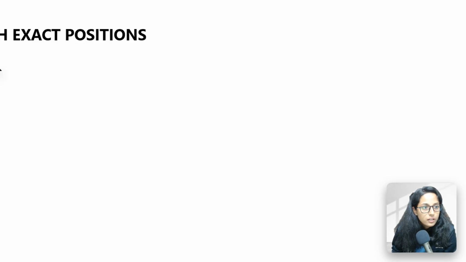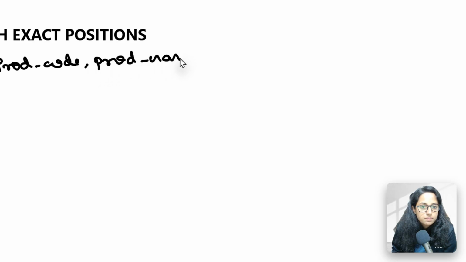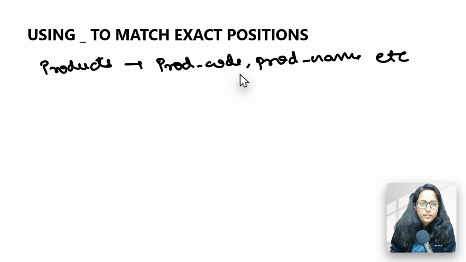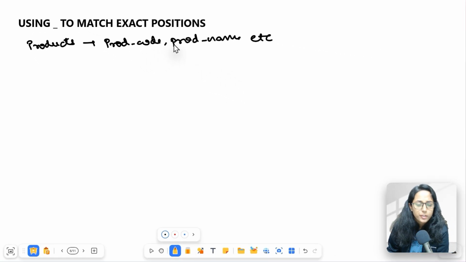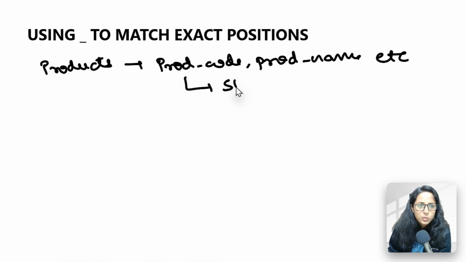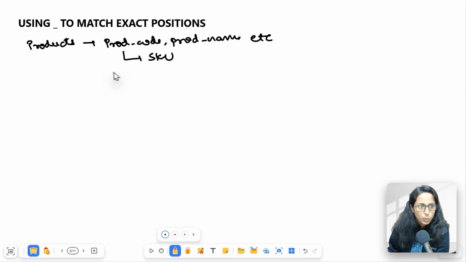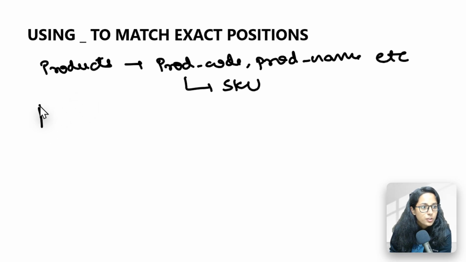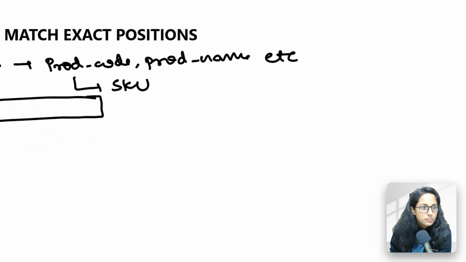And we have product code, product name, etc. For example, let's stick to only two attributes so far. This product code is nothing but, as I told you, our SKU code. If I want to search a product code, it can be of a particular format, for example IN123456.